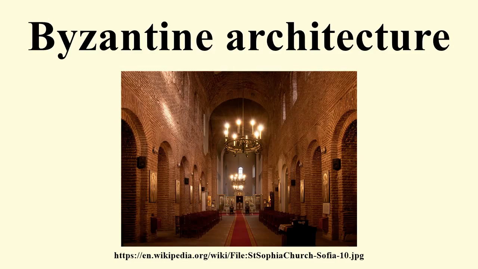Legacy. In the West, Byzantine architecture ultimately gave way to Carolingian, Romanesque, and Gothic architecture. In the East it exerted a profound influence on early Islamic architecture, during the Umayyad Caliphate era.